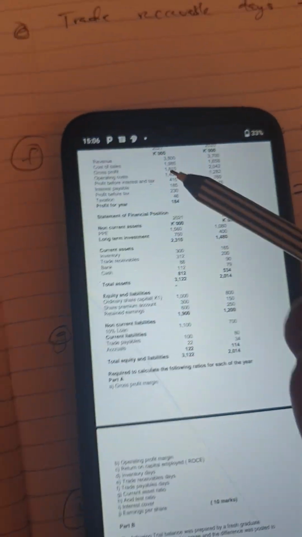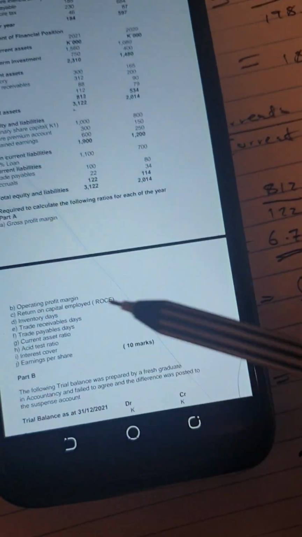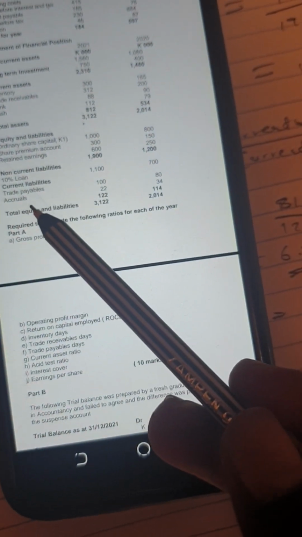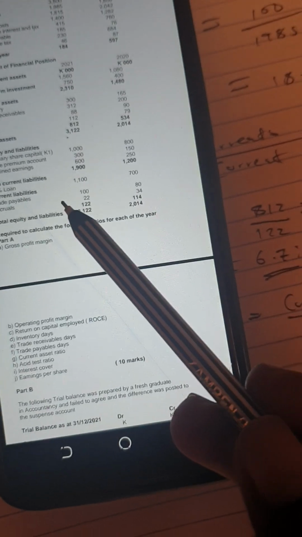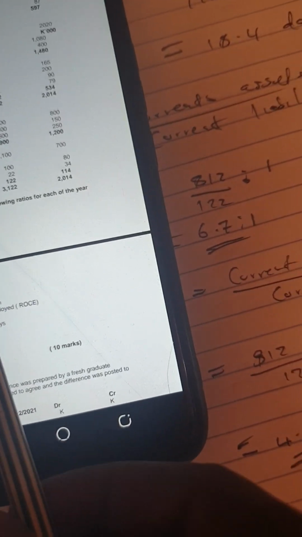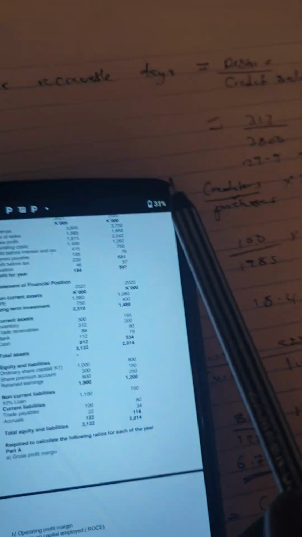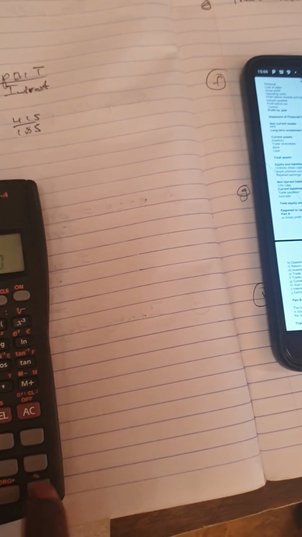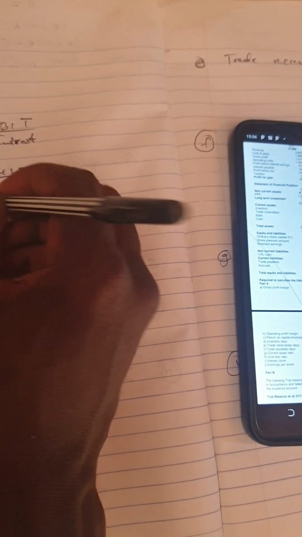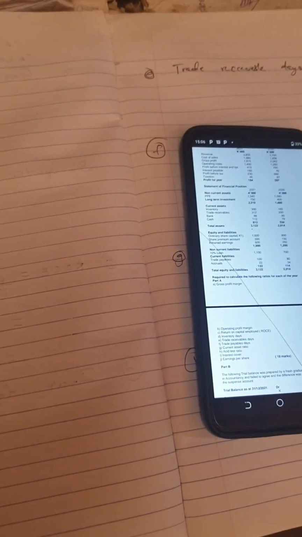Profit before interest and tax is 415, and our interest payable was 185. So we have 415 divided by 185. This is 2.2. Okay, that was for interest cover.